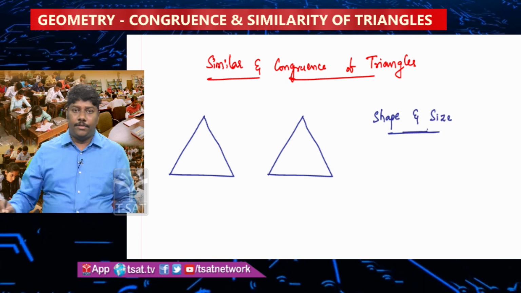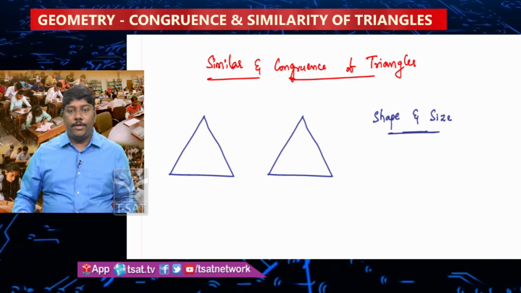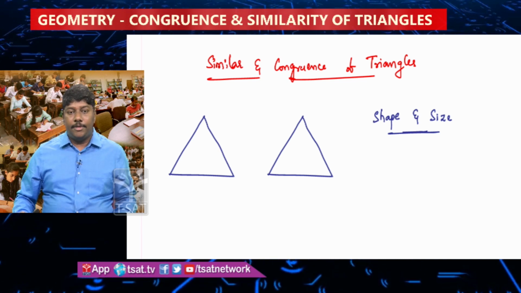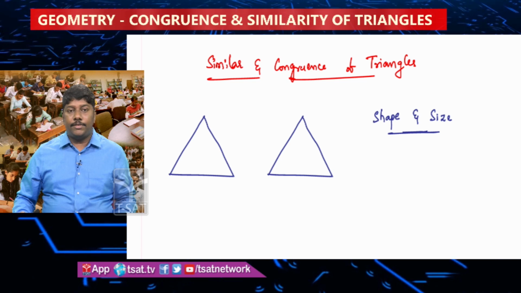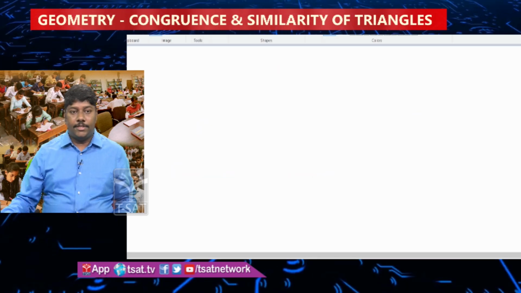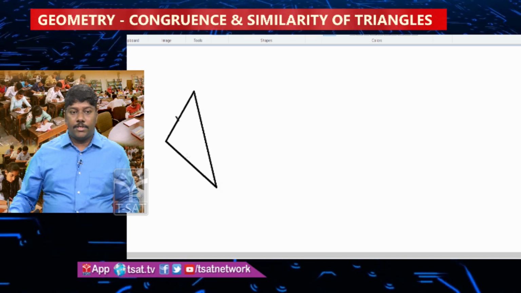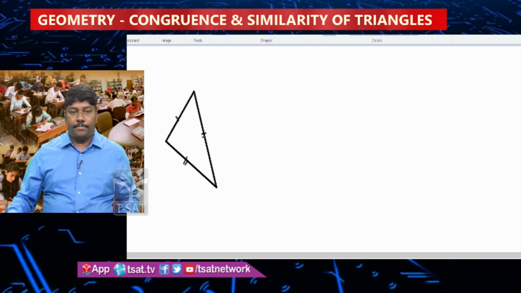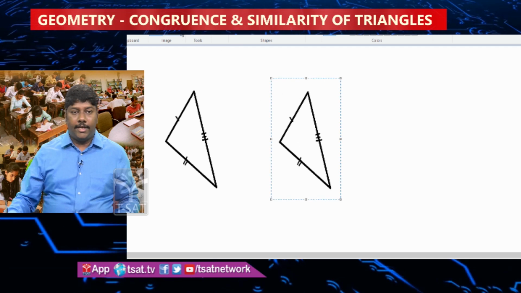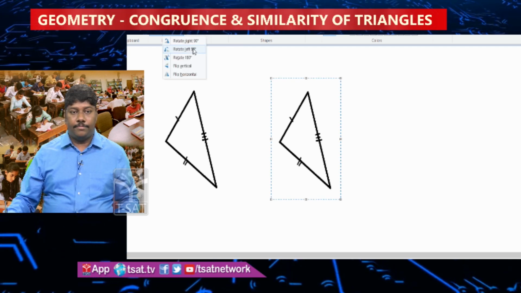It can be any figure, not only triangles. If any two figures you take are equal in shape and size, then you say that they are congruent. Just take a triangle, side 1, side 2, side 3. I'm just tilting or rotating this triangle.